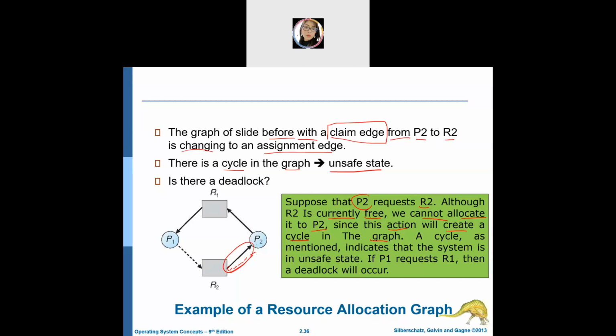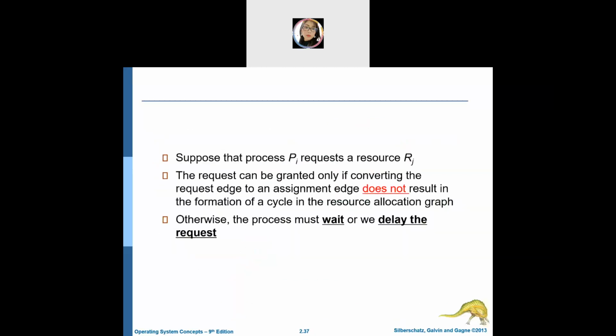Just now it was claimed, right? So you cannot assign it to P2. It's going to make a cycle. A cycle, as I mentioned, indicates that the system is in an unsafe state. So if, let's say, P1 requests R1, then a deadlock will occur like this, right?